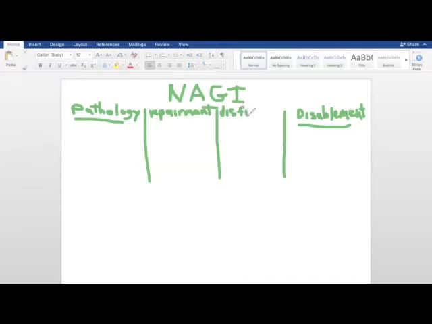And when I have something like cerebral palsy or multiple sclerosis or Parkinson's disease, it's going to affect each level of this Nagi model differently.